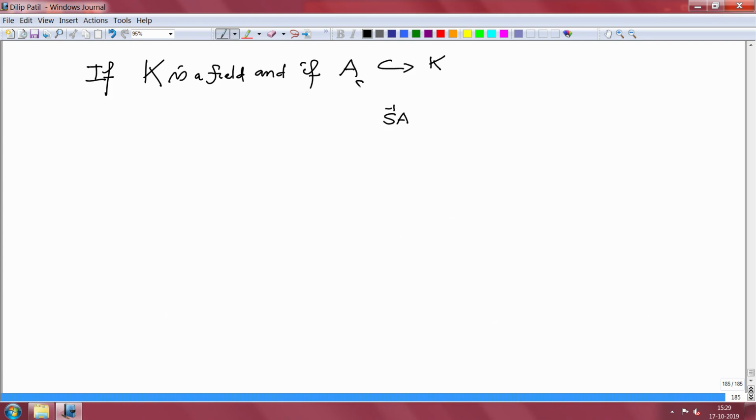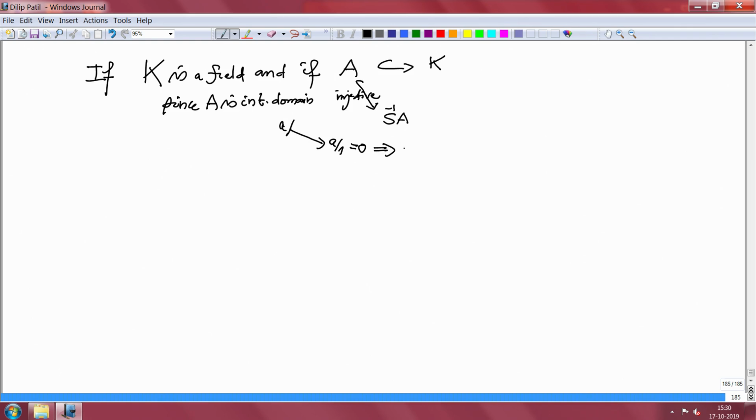This map is an injective map because it is an integral domain. This is injective since A is an integral domain, because if a goes to 0, where does a go? a goes to a by 1, but if a by 1 is 0, that means some element of S will kill this a.